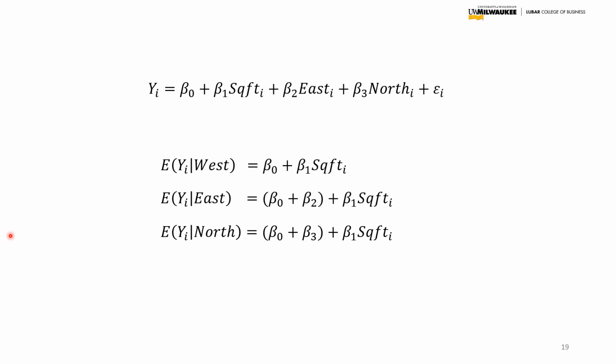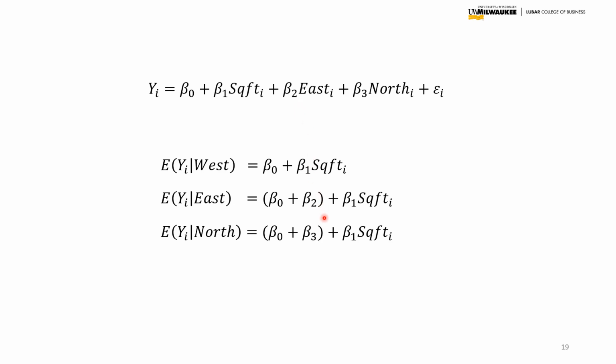Well, we can go through the substitution. For a house in the west neighborhood, east and north have the values 0. So all we're left with is beta 0 plus beta 1 times square footage. Thus, beta 0 reflects the baseline of homes in the west neighborhood. For the east neighborhood, we put a 1 for east and 0 for north. So we pick up the beta 2, as you can see here in the intercept.